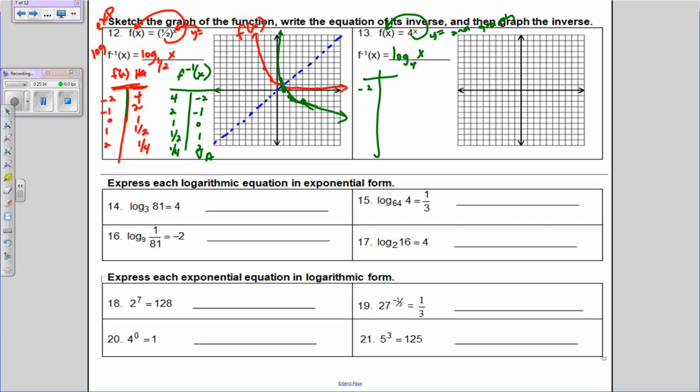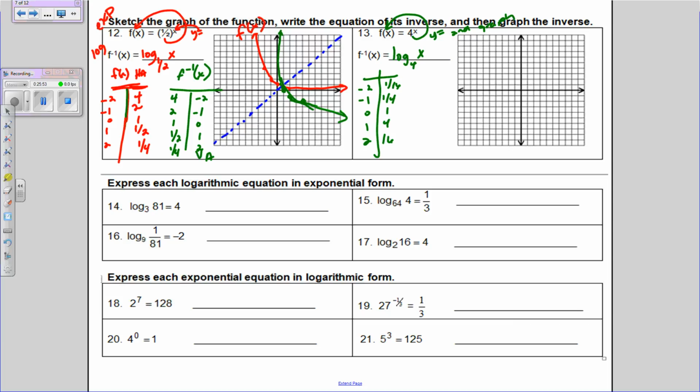So for -2, -1, 0, 1, and 2, you should have gotten 1/16, 1/4, 1, 4, and 16. Increasing in numbers, and that means our line's going to go up.